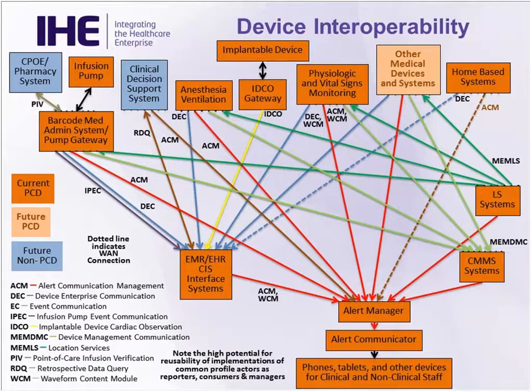On that red line goes to the alert manager, goes to the alert communicator, and winds up on some mobile device associated with a clinical staff member. So you can see how this one big picture allows you to go in and look at the usefulness of each of the profiles within the PCD domain and a bit of where we are going in the future. Next slide, please.